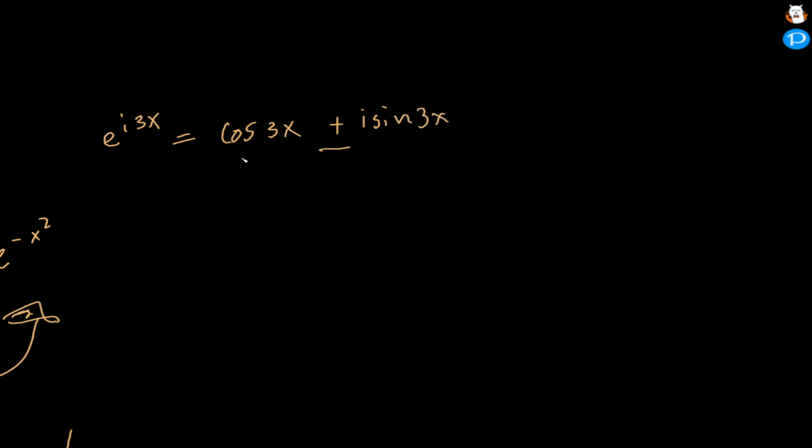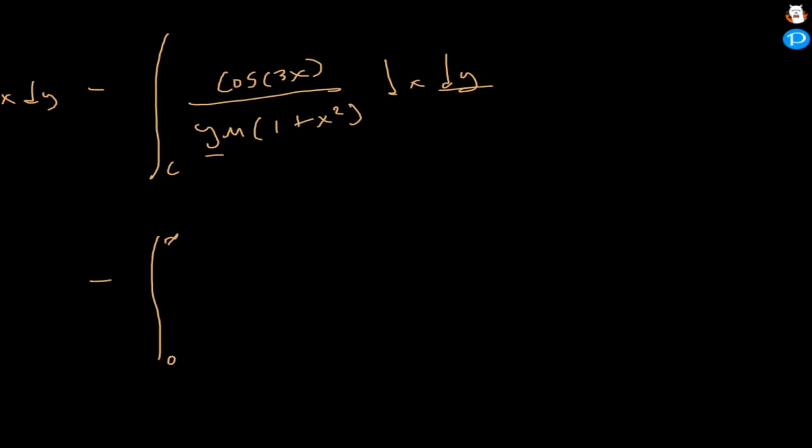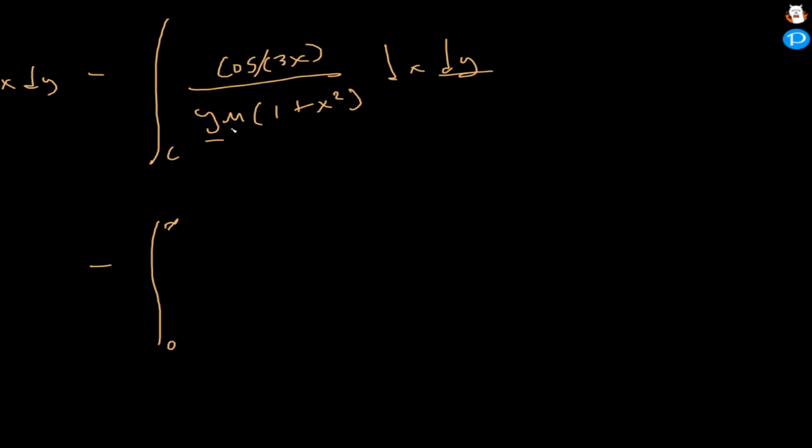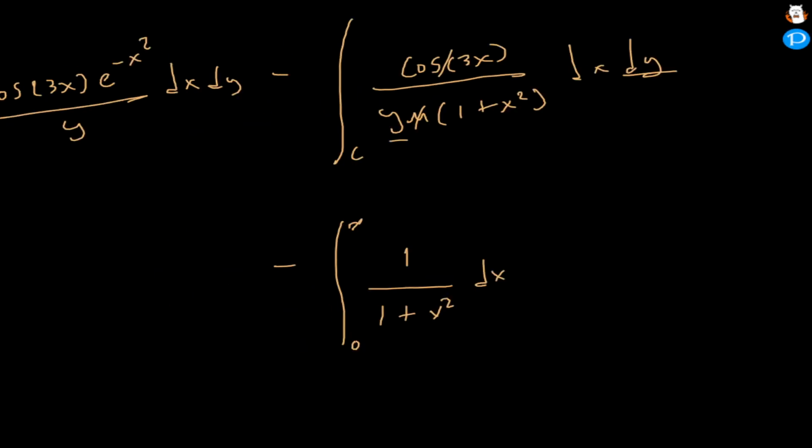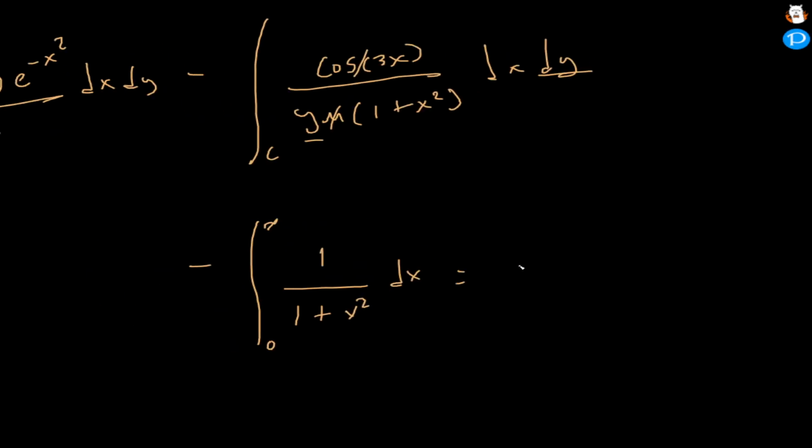Since it's just a subtraction on this side, we know that this term is going to be equal to 3x, which means the cosines here will cancel out, and now we're just left with the integral of 1 over 1 plus x squared. If you're familiar, we know that this will evaluate into tan inverse of x, and if we evaluate this from 0 to infinity, it will be approximately equal to pi over 2.